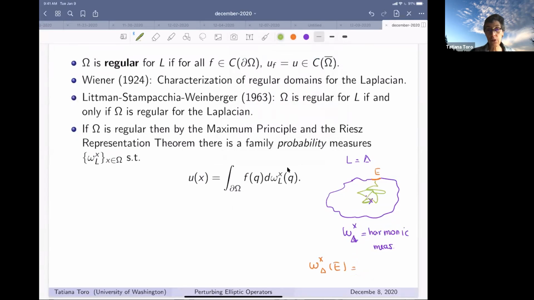And what you should think of the elliptic measure is something similar in a medium that's not homogeneous. And the key point is that these elliptic measures are the building blocks for all the solutions. So you see, you change f, but you still have this as your building block.